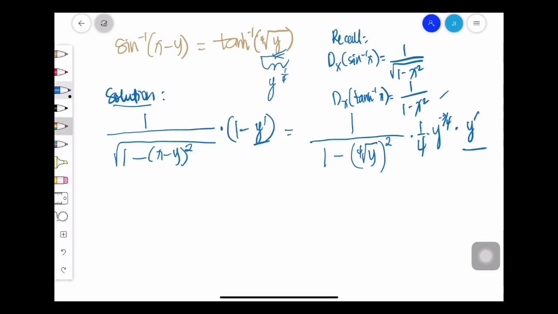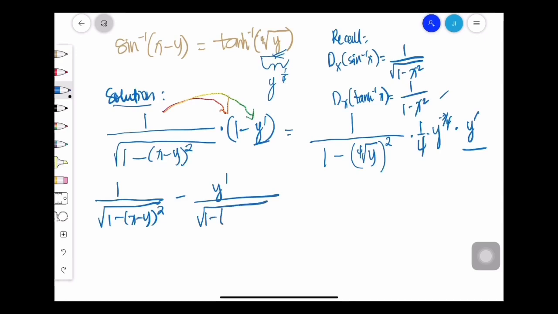What we do next is we distribute this here, then isolate y prime. We have 1 over square root of 1 minus quantity x minus y squared, minus y prime over square root of 1 minus quantity x minus y squared, equals 1/4 times, sorry, can I bring this down now so that we don't have any negative powers here.